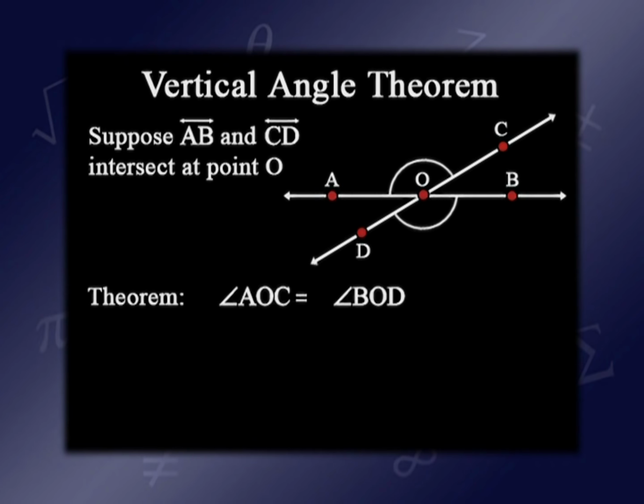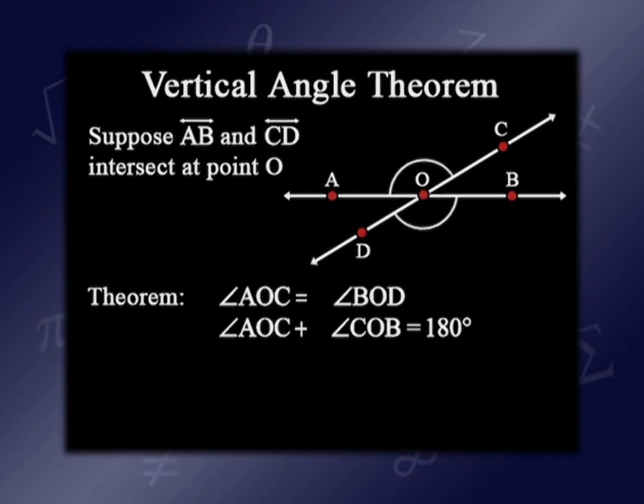All right, let's prove that. We'll prove that by taking a look at some of those smaller angles. If you look at the line AB, we know that the measurement of the angle of the line that goes from A to B is 180 degrees. That means that angle AOC plus the angle COB have to sum to 180 degrees.